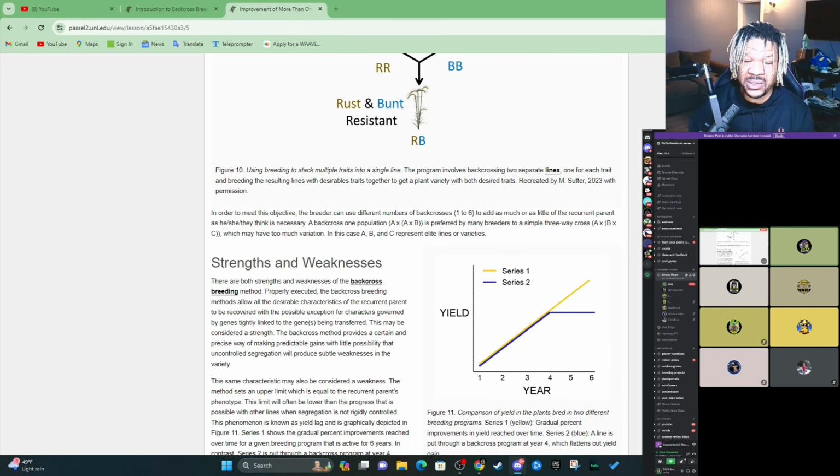In order to meet this objective, the breeder can use different numbers of backcrosses, 1 to 6, to add as much or as little of the recurrent parent as they think is necessary. A backcross 1 population is preferred by many breeders to a simple 3-way cross, A times B times C, which may have too much variation. In this case, A, B, and C represent elite lines or varieties.